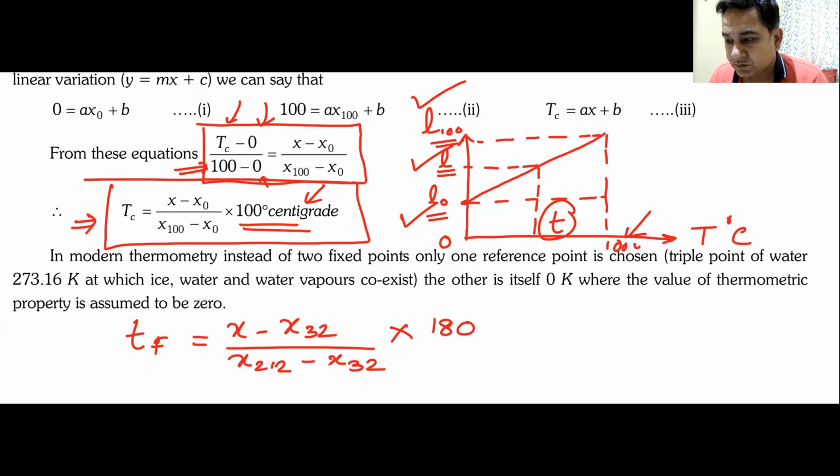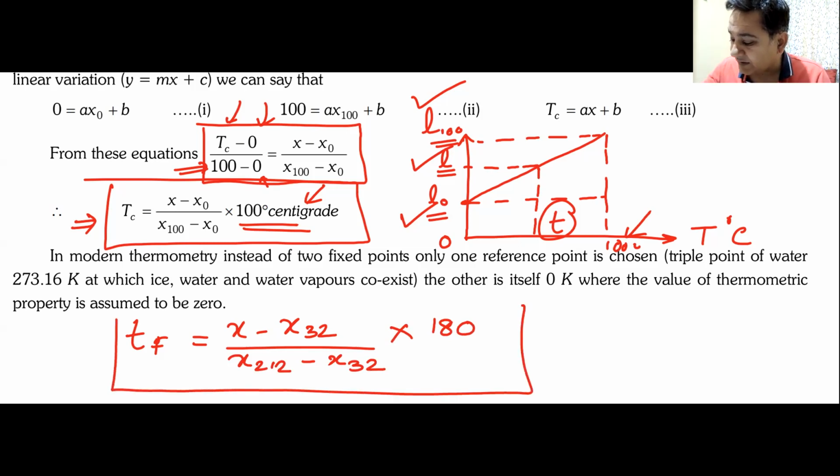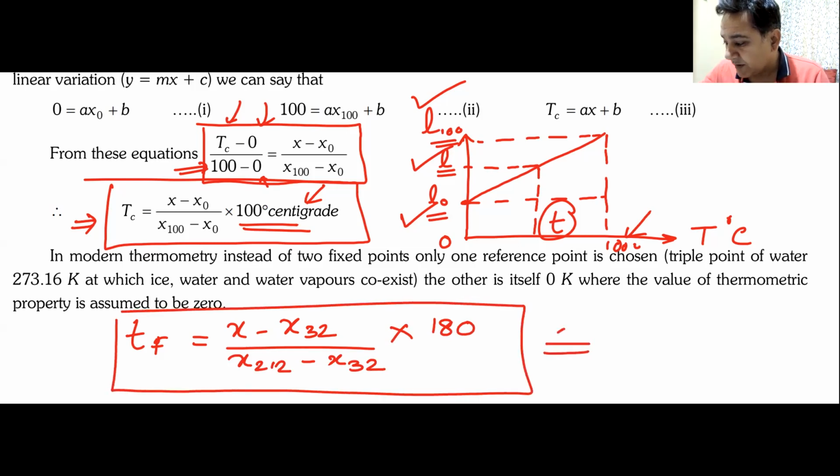Yes, sir. I hope all of you are listening to this lecture. Great. So I hope you understand the difference between the two equations, and they come from the same phenomenon. This is the temperature in degrees Fahrenheit based on the length of the liquid column. Correct? Shall we move ahead?